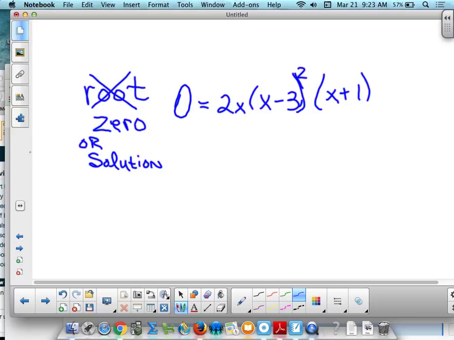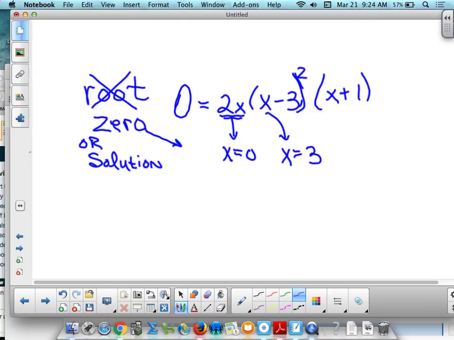So here's what I want. If you get linear factors, you can pull out the zeros really quick, because you have already done this. So when will this number right there be 0? When x equals 0. These are called roots, but we're going to call them zeros or solutions. When is this one going to be 0?